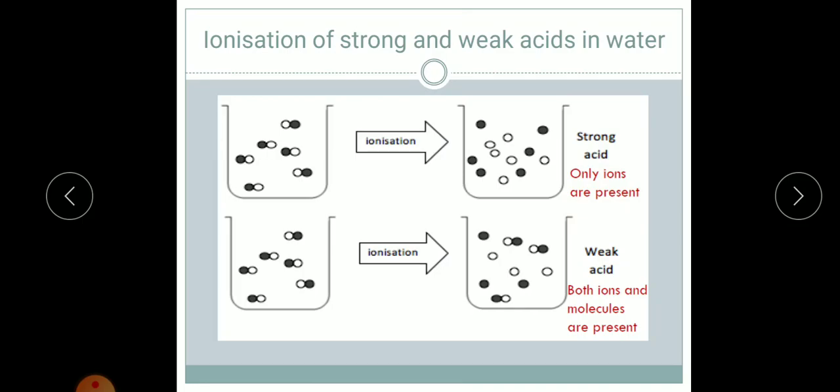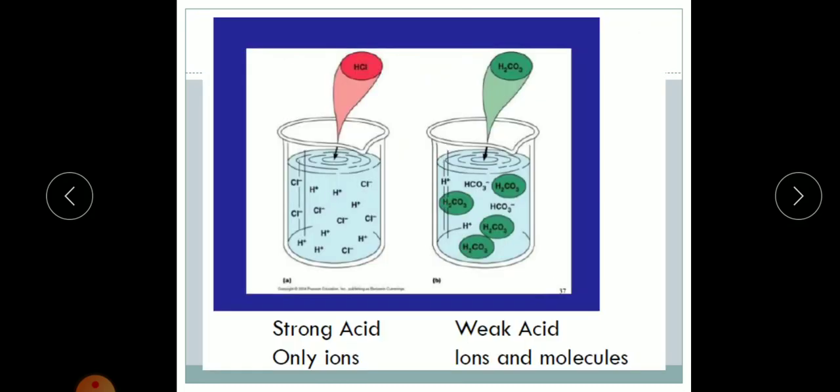Whereas when you take a weak acid, there will be only a partial ionization. Few will remain attached with each other, and only a few will be ionized. Both molecules and ions are present.